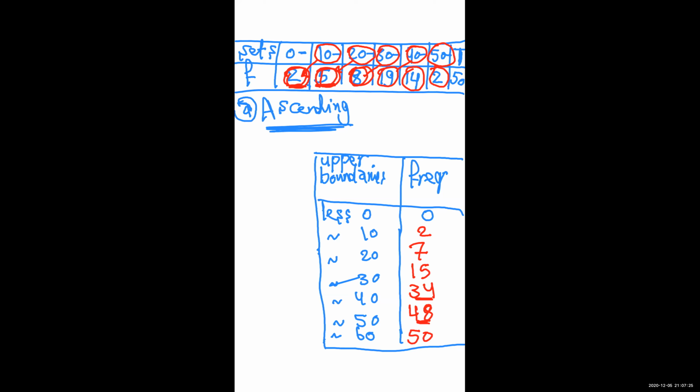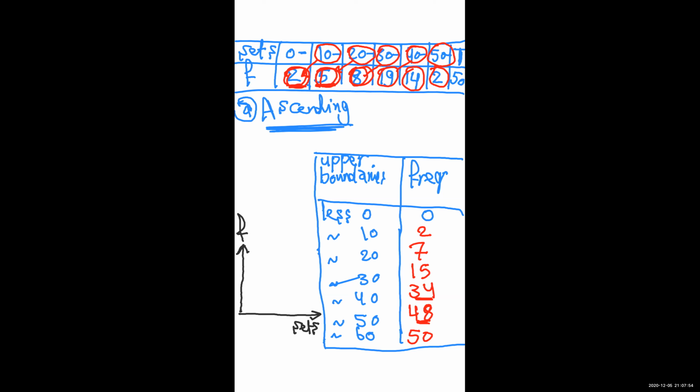Now represent these numbers graphically. Let me clear part of the board, no problem. I will try to draw it here, and this small area will be like this. The first axis is for the sets, and this one for frequency.